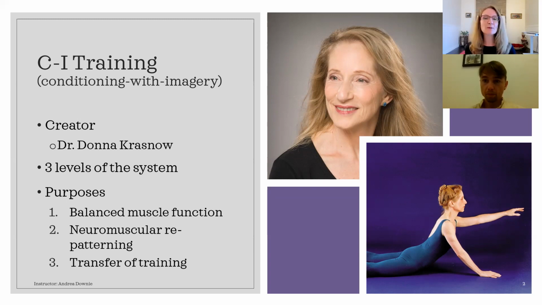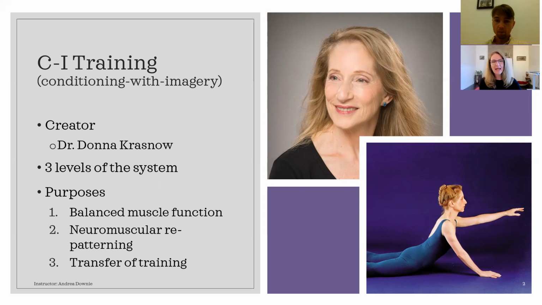And so she developed this dance-specific conditioning system that merges the physical work of conditioning with the neuromuscular patterning work or intention of somatic practices through the use of imagery. And so as David noted, that's where we get the CI from, the conditioning and the imagery. And you might think of the conditioning component as like the structural level or tissue level work, where we're talking about strength, flexibility, endurance, these types of things.